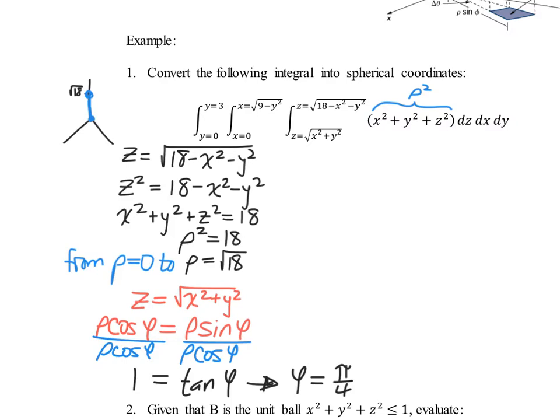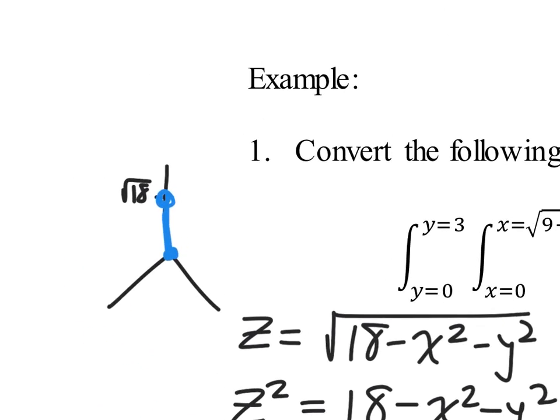What this is telling me is that pi over 4 is somewhere out here, and that we're sweeping through all of that area. It's a movement of pi over 4 off of the z-axis.